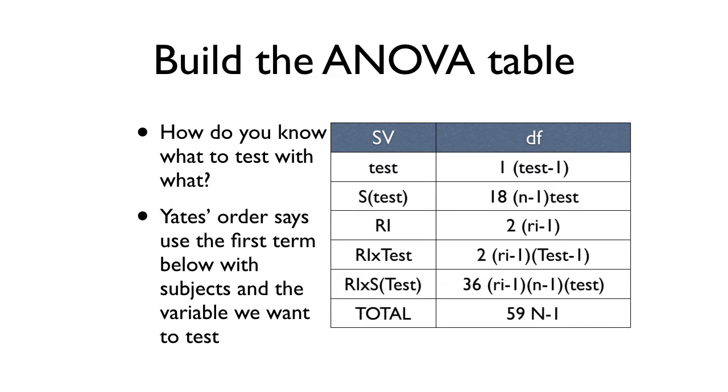Degrees of freedom, there are two kinds of tests. So one, subjects within test, n minus 1, which is 9, because there are 10 subjects in each group. 10 minus 1 is 9, times 2 levels of test is 18. There are 3 levels of retention interval, so there are 2 degrees of freedom there, and then so on.